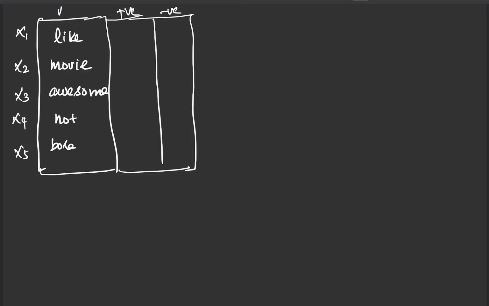Like appeared only in positive, not in negative. And movie appeared 2 times in both positive and negative. Awesome appeared only in the positive sentence, not in the negative sentence. Not appeared only in the negative sentence, not in positive. And bore, same thing.